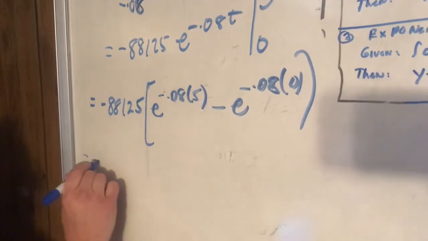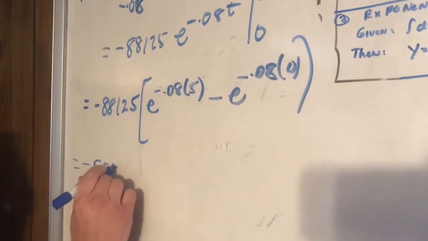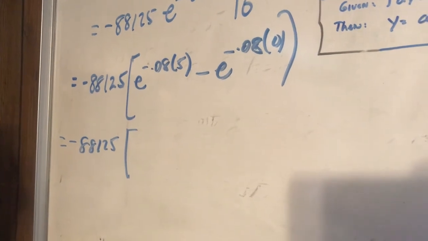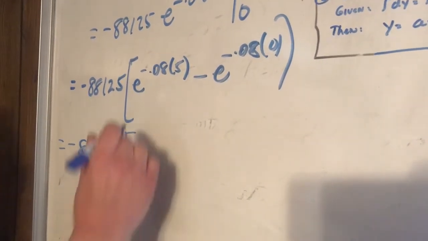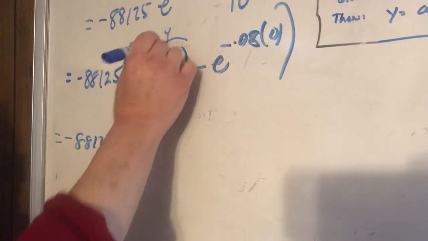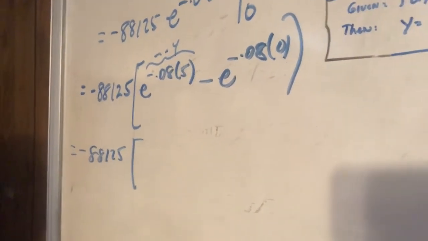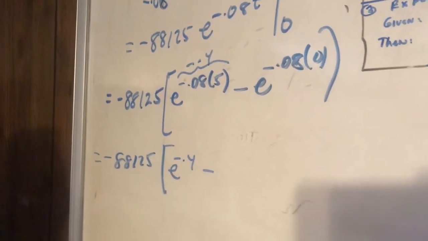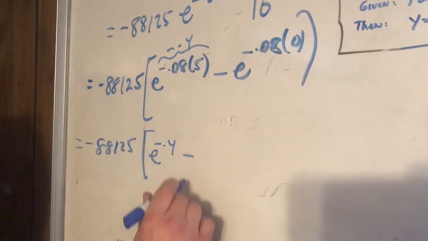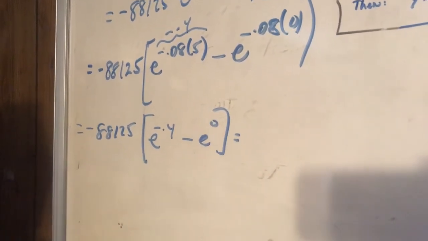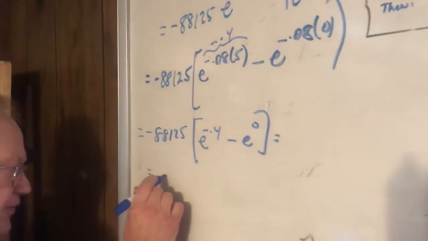All right, so this remains outside here, no loss. And e to the minus 0.08 times 5 is what? Is minus 0.4, correct? So e to the minus 0.4 minus e to the 0.